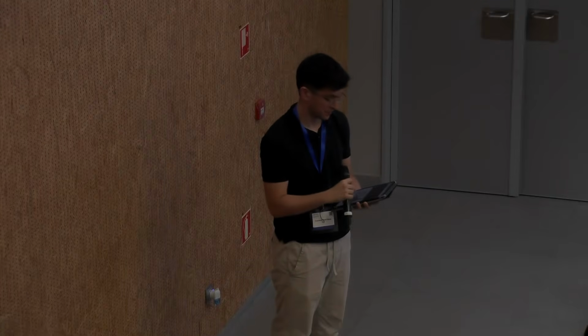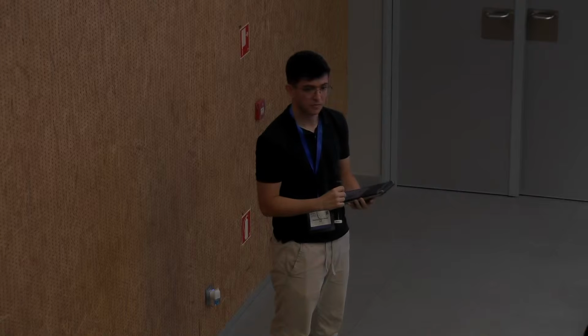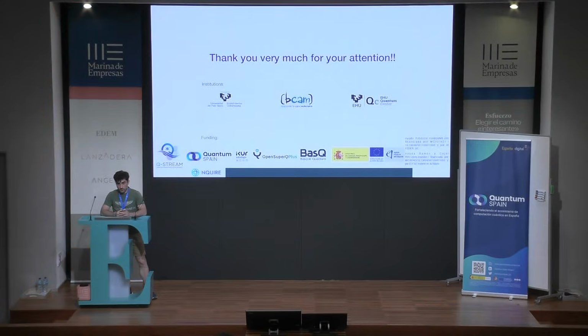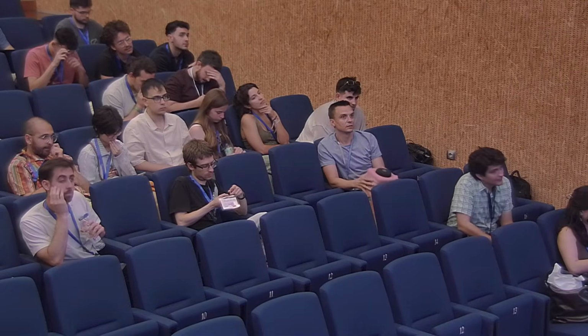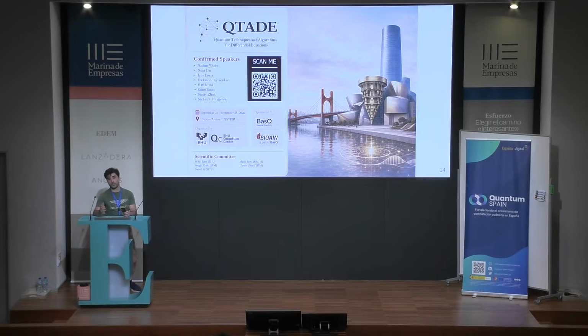So maybe I missed it, but how do you understand the appearance of chaos when you do this truncation? Because in the nonlinear differential equation, you can have chaotic solutions. Yes, the thing is that we are considering dissipative nonlinear equations, and in this kind of equations we are in a regime where we do not have so much chaos. Everything is more under control.